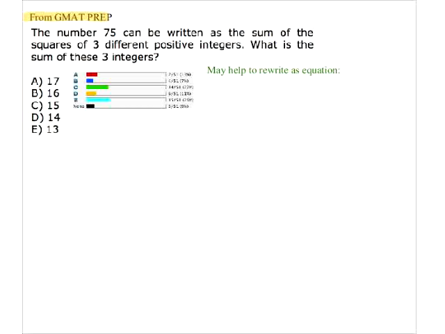If you do that, let's say your integers are A, B, and C. Then you get A squared plus B squared plus C squared is 75. The exponents will show up in a second. There's an exponent. There's an exponent. There's an exponent.